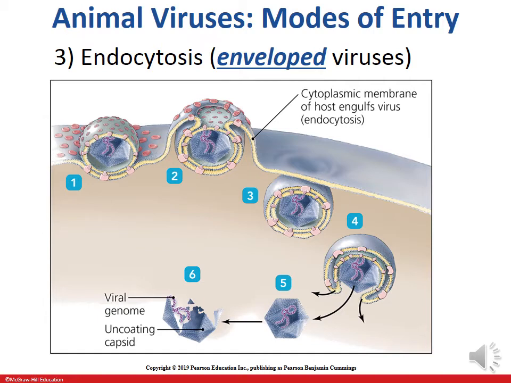So remember we talked about phagocytosis. What would happen is during this stage here, once it's been ingested, that membrane-bound vesicle would then fuse with a lysosome, and the lysosomes would actually be responsible for doing that uncoating. So some viruses actually take advantage of phagocytosis to get out of their own trap of capsid.